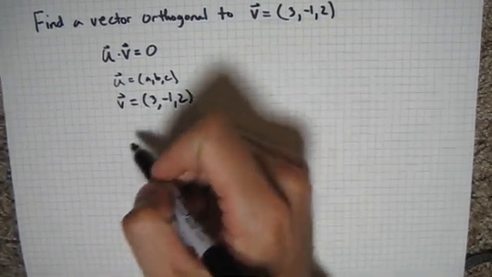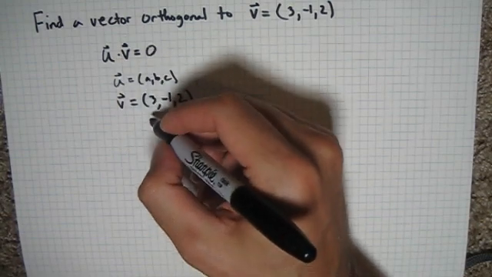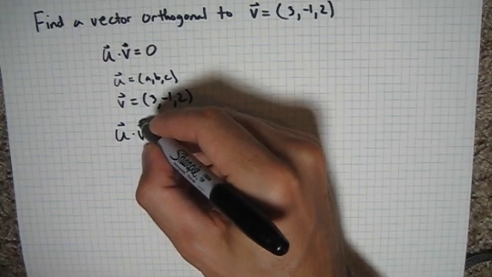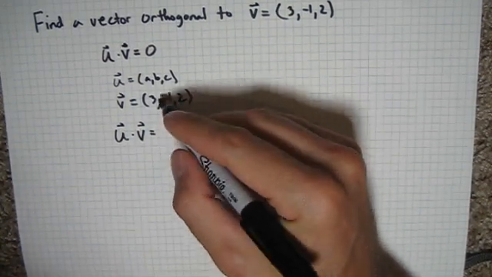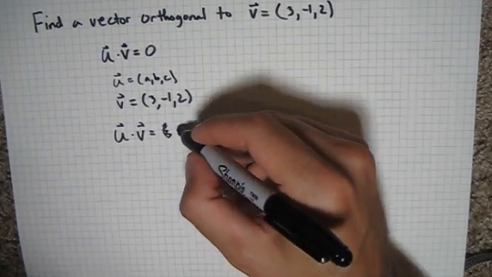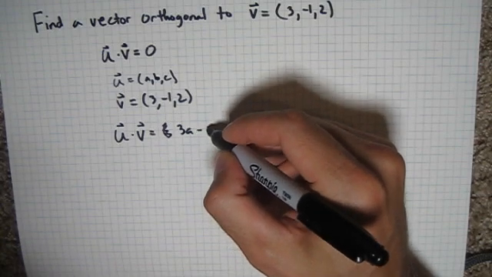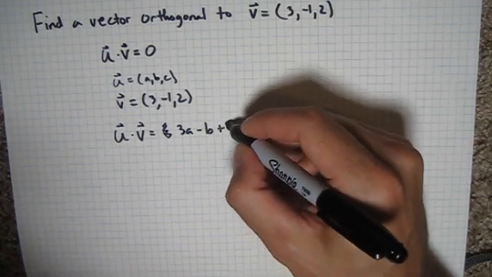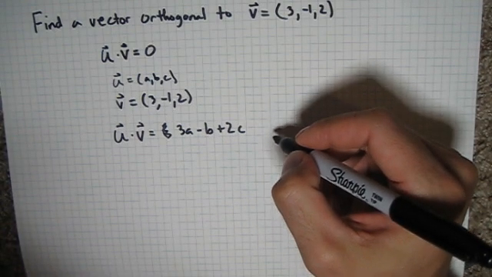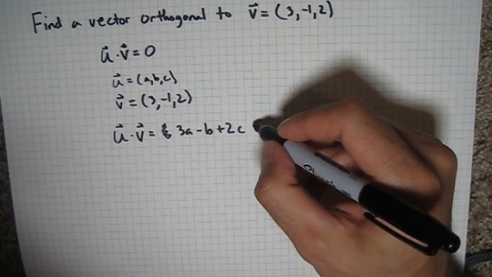If I take the dot product of these two, u dot v is equal to 3a minus b plus 2c, just by the definition of what the dot product means, where you multiply corresponding components and then add.